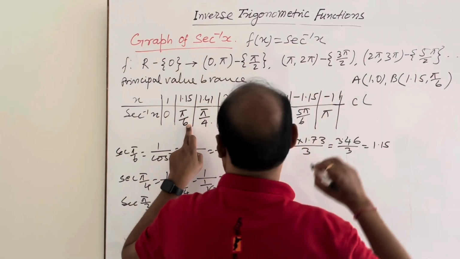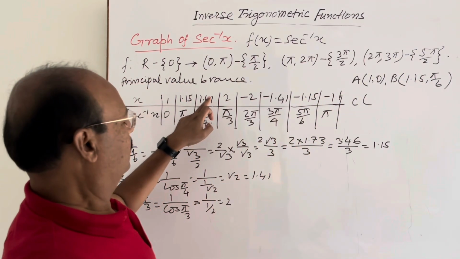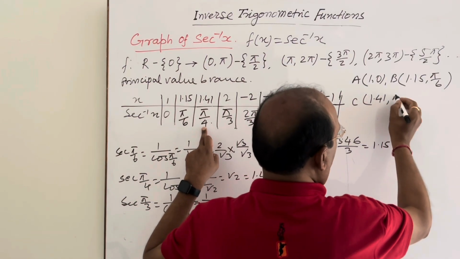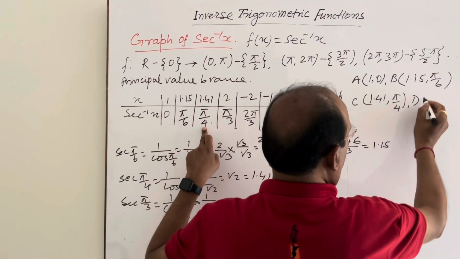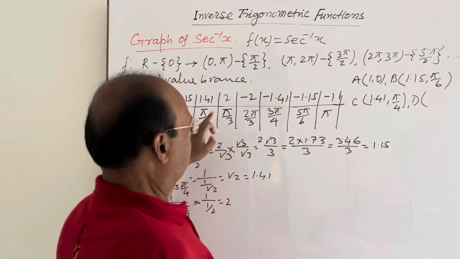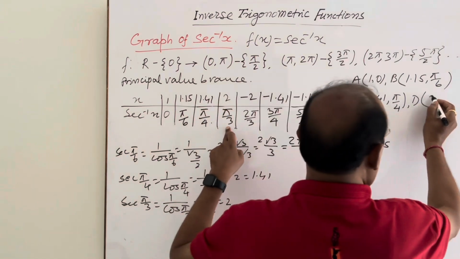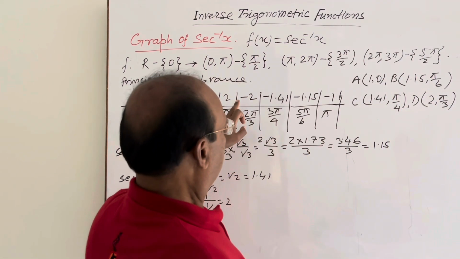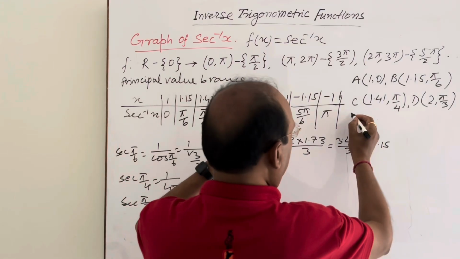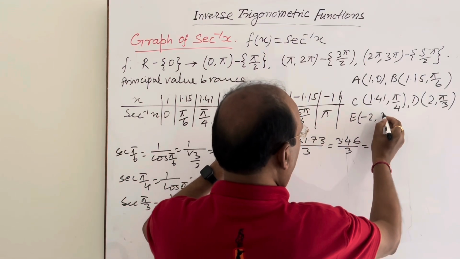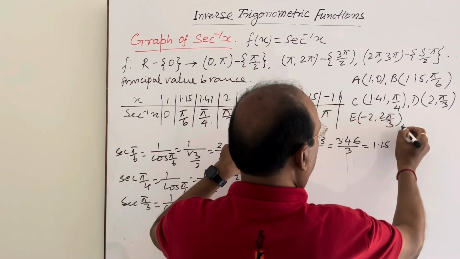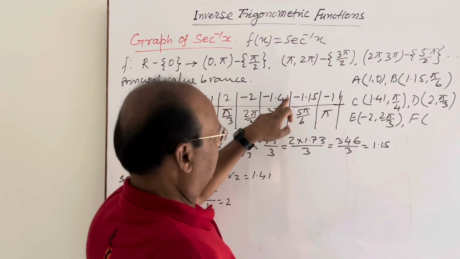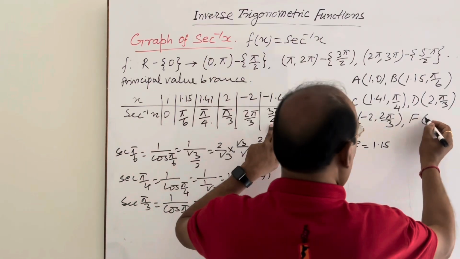Then we take point C, coordinates will be 1.41 and pi by 4. Then we can take another point D, coordinates will be 2 and pi by 3. Then point E, minus 2 and 2 pi by 3. Then we can take point F, minus 1.41 and 3 pi by 4.